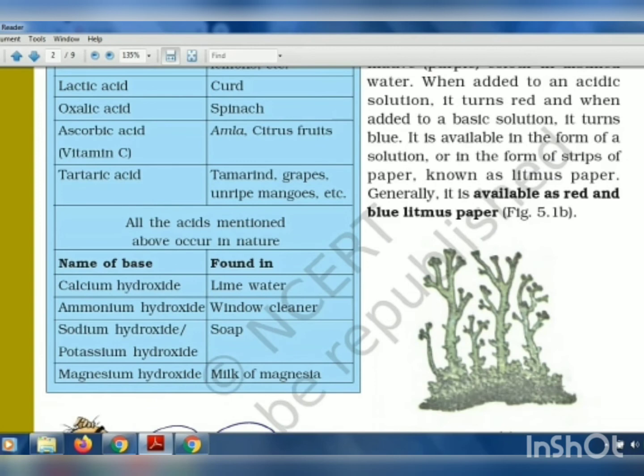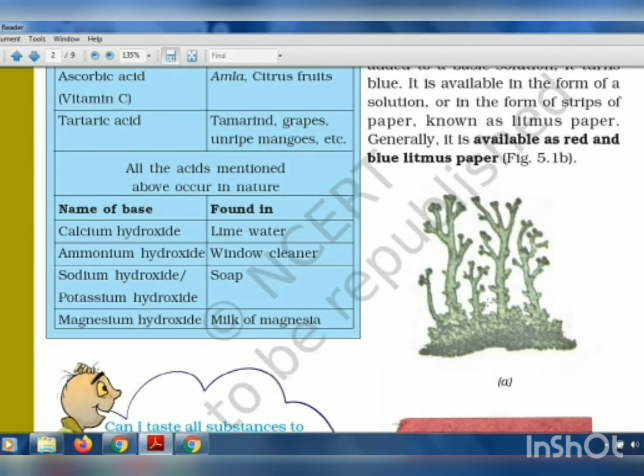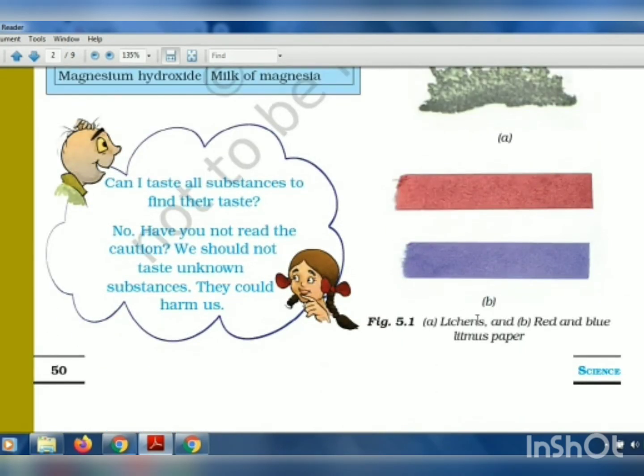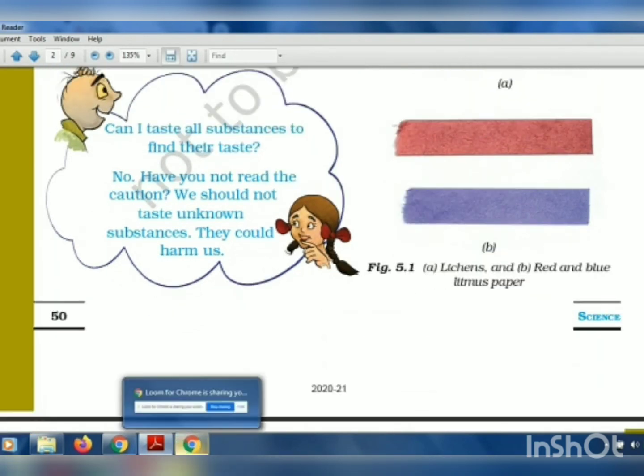Lichens are the combination of algae and fungi, and these litmus papers are made using these lichens. Here they have shown you lichens and the litmus paper, one in red and one in blue. They come in two colors, red and blue.